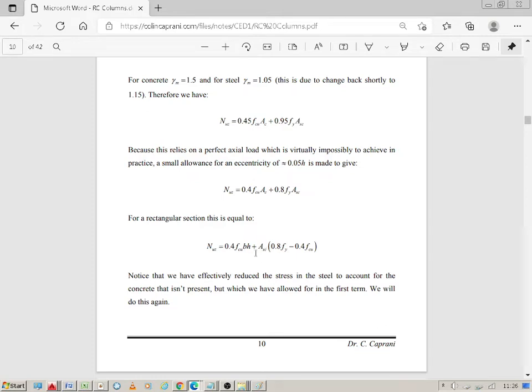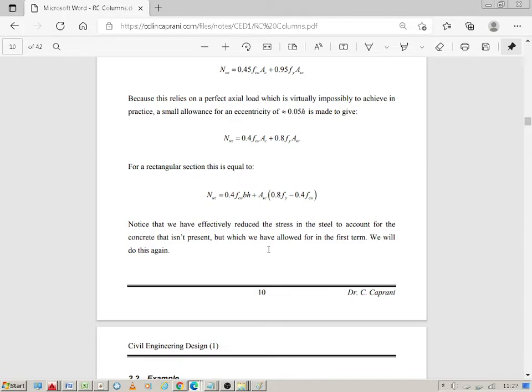If you work out this equation, it will be N_uz equals 0.4 f_cu bh plus A_sc times 0.8 f_y minus A_sc times 0.4 f_cu. So you take away the area of steel from the area of concrete. It's the same, except minus the f_cu times the area of steel. Notice that we have effectively reduced the stress in the steel to account for the concrete that isn't present, but which we've allowed for in the first term.